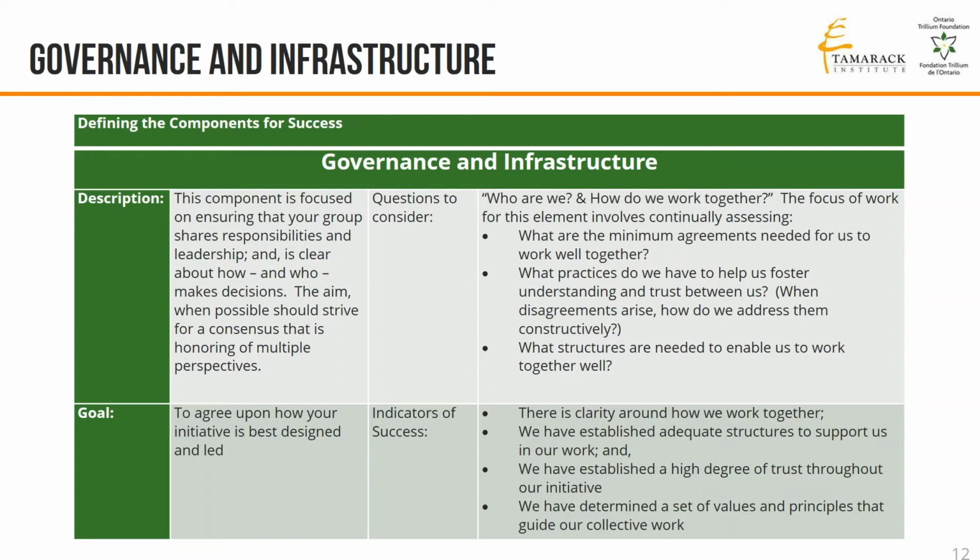So clarity: it's documented that the group has identified how they will work together, how decisions are made, and what structures are in place, that there is a focus by the governance and infrastructure table on building trust, and that there are values and principles. That aligns quite nicely with the conditions of collective impact.